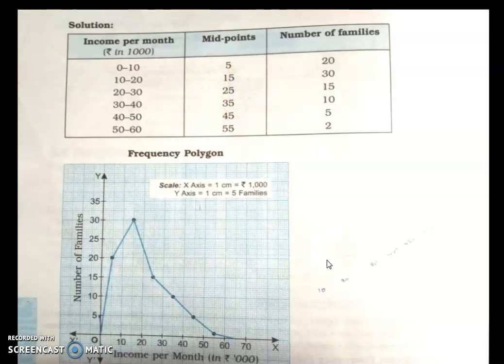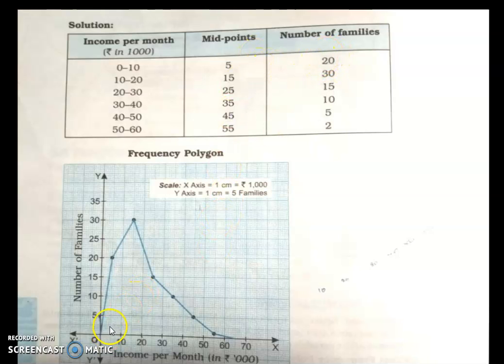Now let's see how to plot the points. In the x-axis we will show income per month, and in the y-axis we will show the frequency, that is number of families. Now in 0 to 10 range the midpoint was 5. So from 0 to 10 we will select 5, the midpoint, and corresponding to that the frequency we have is 20.